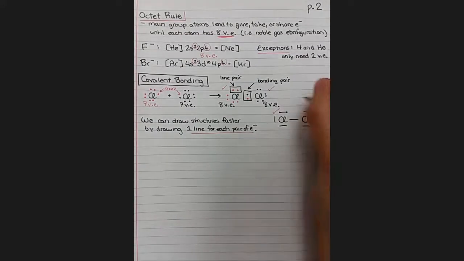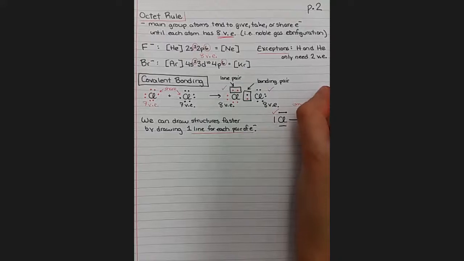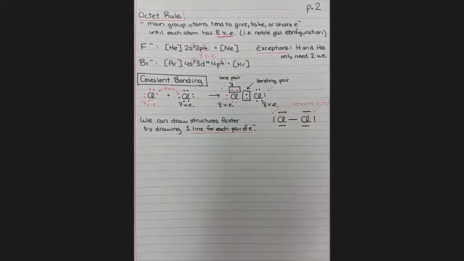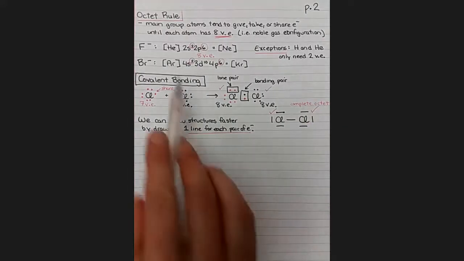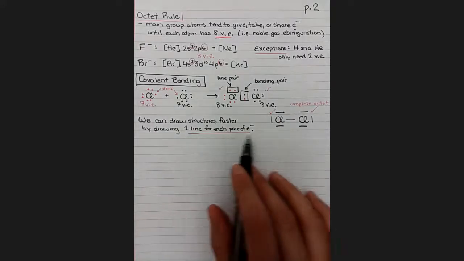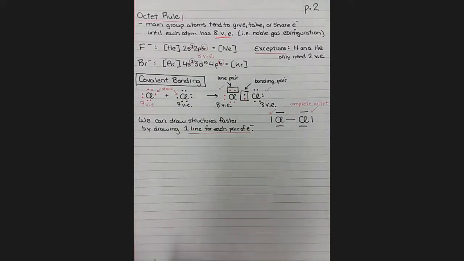Check. So when I mark the check, what I'm noting is that the atoms with the check have a complete octet. Every time we draw a structure, we're going to check and make sure that they have a complete octet or a duet for hydrogen and for helium. So these are the simplest possible covalent structures we can do.